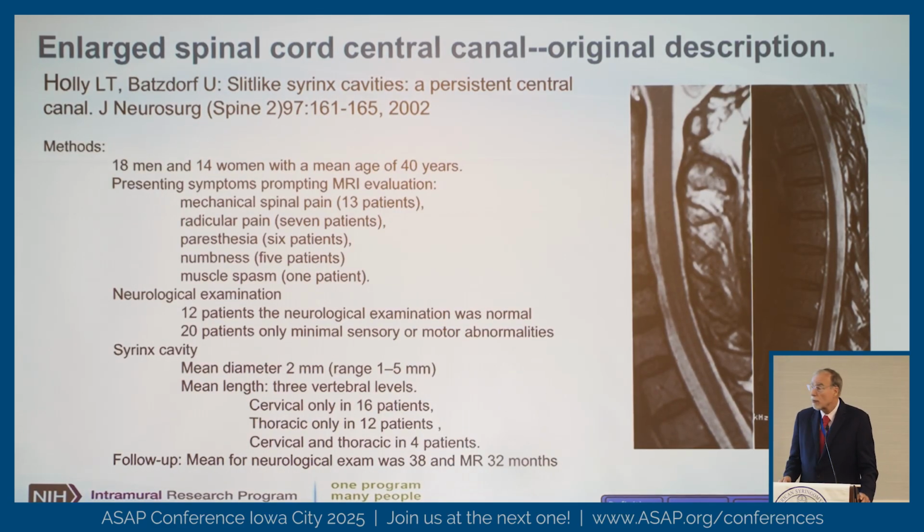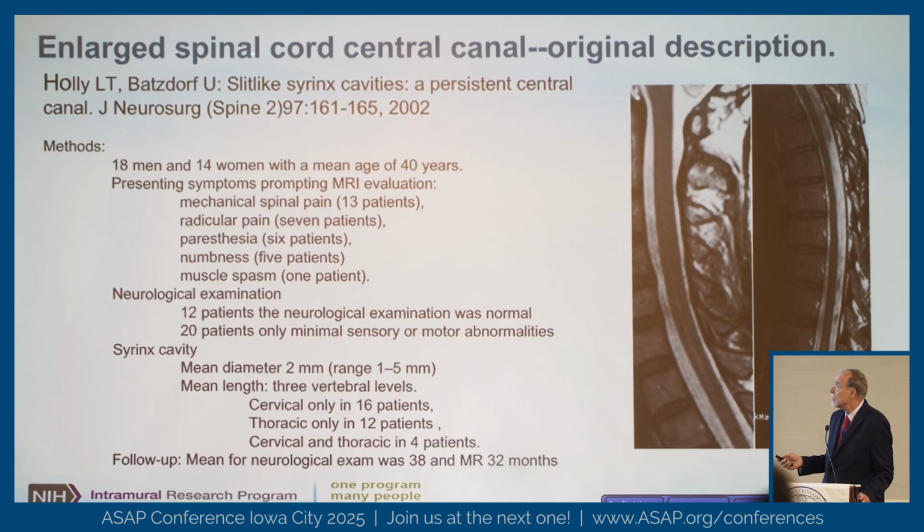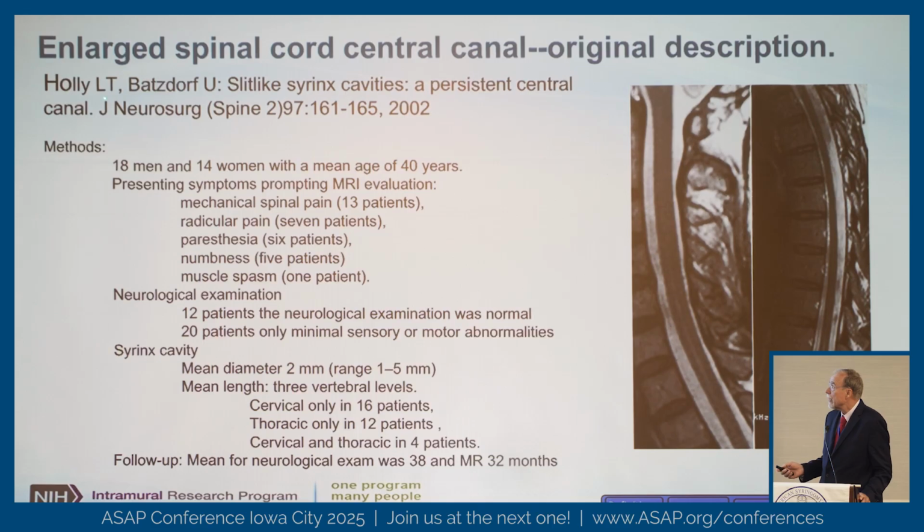Okay, so let's get right to it. The first description of what we'd now call the enlarged spinal cord central canal was by Langston Hawley and Ulrich Batzdorf. They had seen a lot of what they called slit-like syrinx cavities, and they called them a persistent central canal.